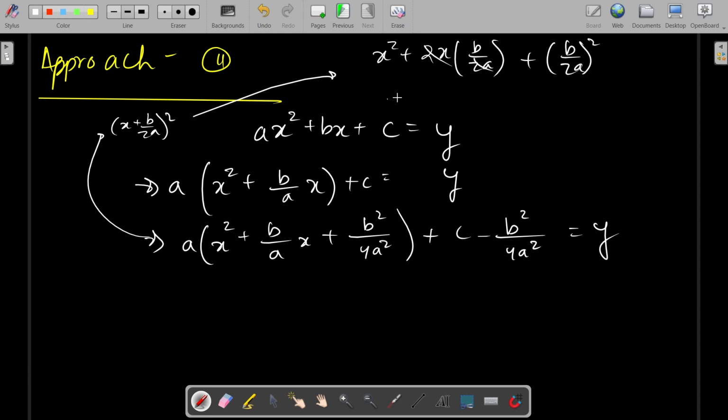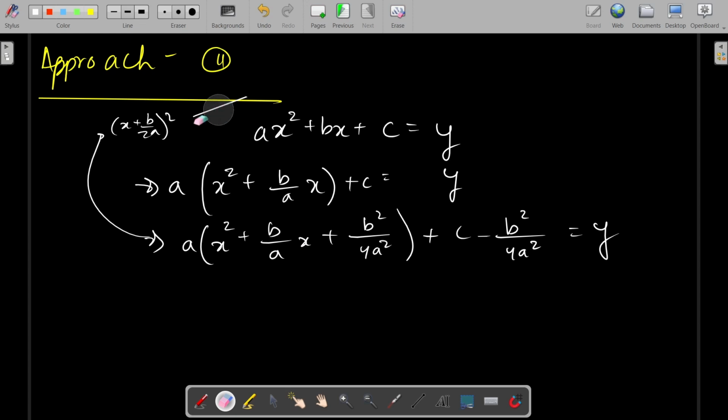This 2 cancels out and we get x square plus b by a x plus b square by 4a square, which is what we had here, which is what we want to create so that we can isolate the x term. So that is why we're doing it.